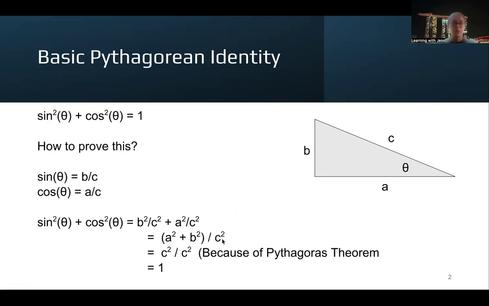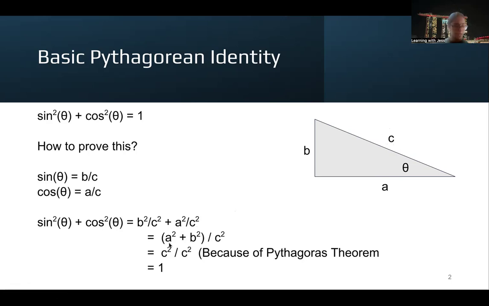Now, if you guys don't know this, there's something called the Pythagorean theorem. This is used for all right triangles. And what that means is a squared plus b squared is equal to c squared, which is our hypotenuse.